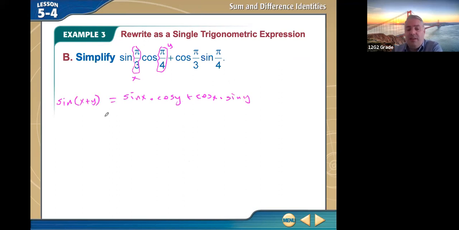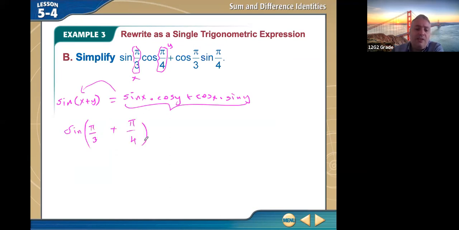You should know this. There is no excuse for grade 12 students. You have to know. So you can say that this side is given, which is here, so this is directly equal to this side. It means sine of x plus y, where x is pi over 3 and y is pi over 4.